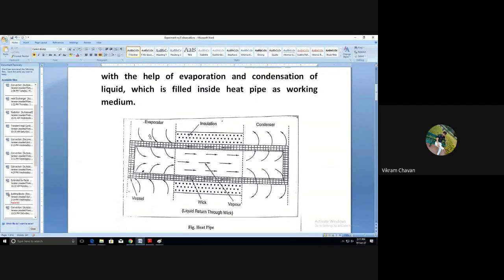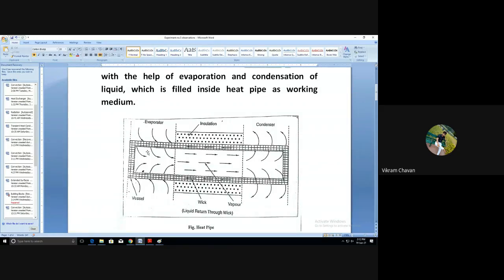Once the heat is received by the pipe from the source, it will be provided to the working fluid, which absorbs the heat from the wick structure. Once this heat is given to the working fluid, the liquid gets evaporated by absorbing the latent heat of evaporation.